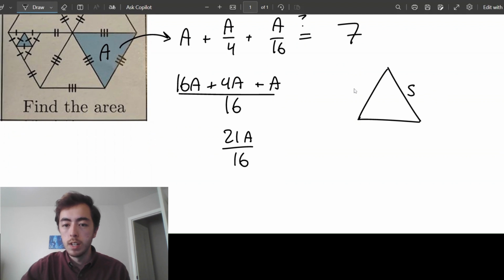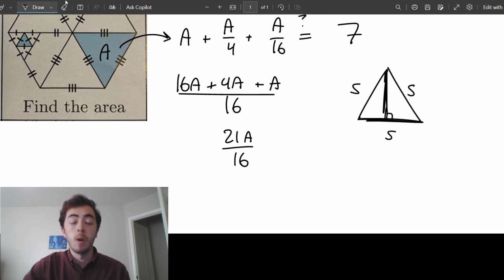We'll mark all of these sides with an S for side. To find the area of any triangle, you just need a base times a height, and they have to be perpendicular to each other. Now, this height isn't S, because S is the slanty side.